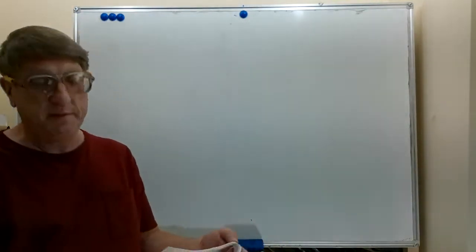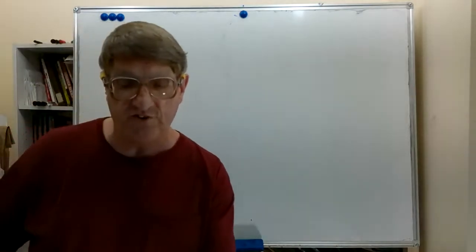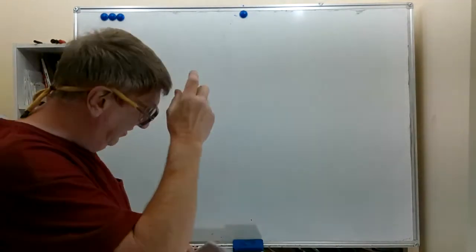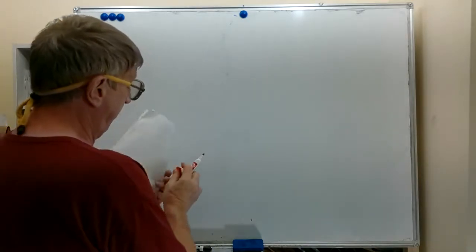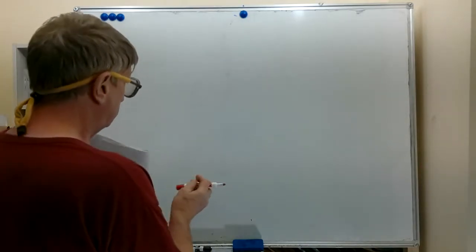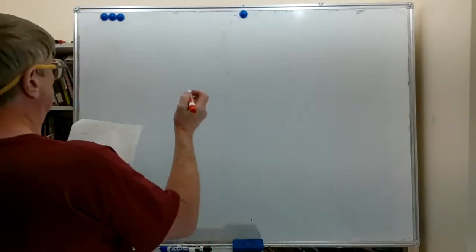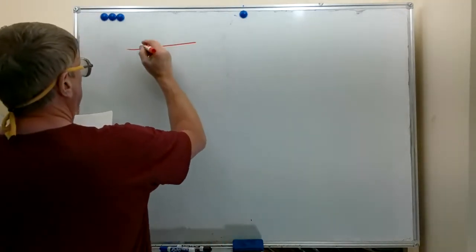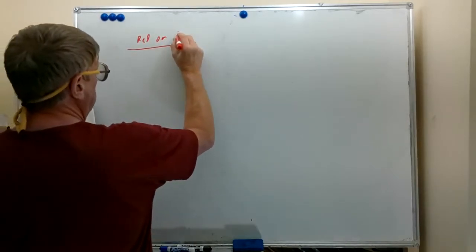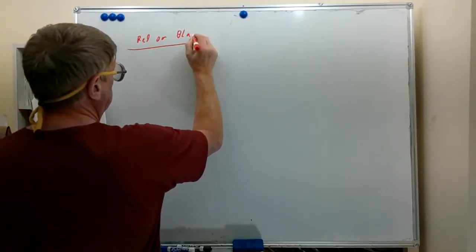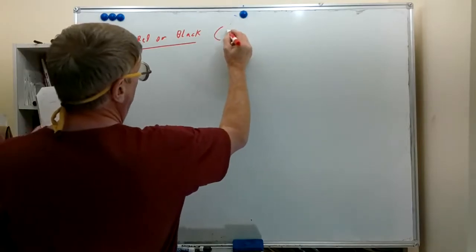We're going to talk a little bit about ground connections. You'll see several things in your home. You'll have what's probably a red or a black wire. And this is often called the hot wire.